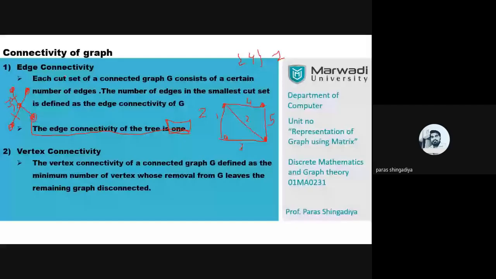It means there are 2 separate parts after deleting vertices. This minimum number of vertices is known as the vertex connectivity of the graph. So let us consider one graph.